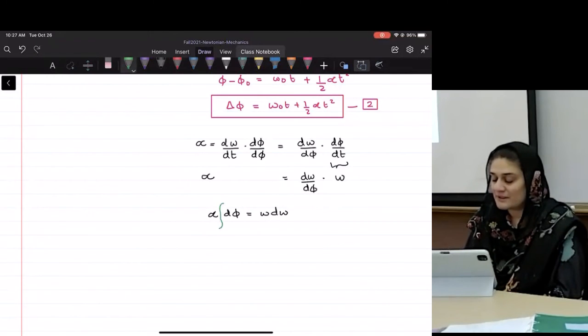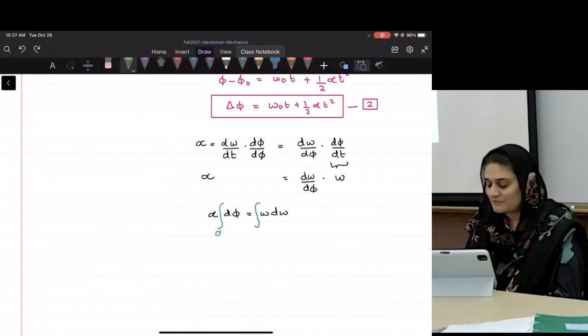And then I can integrate again from some phi 0 to some phi, from omega 0 to omega.